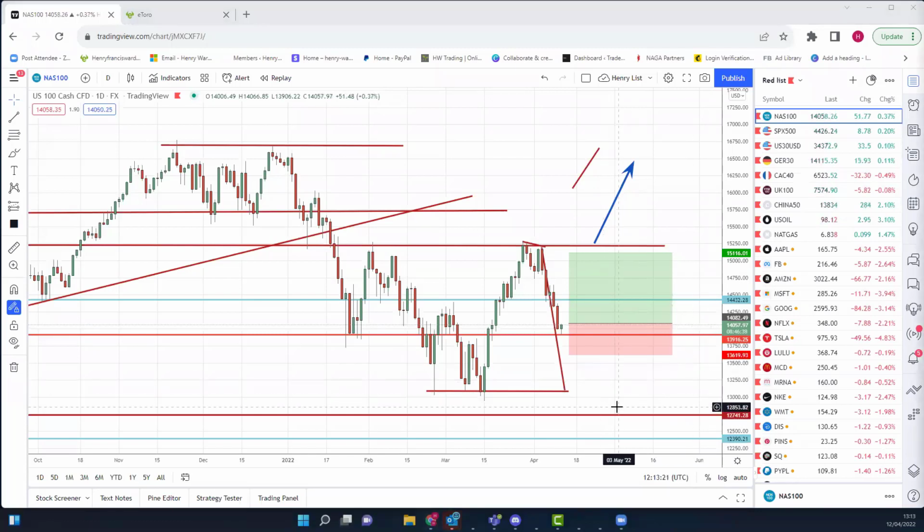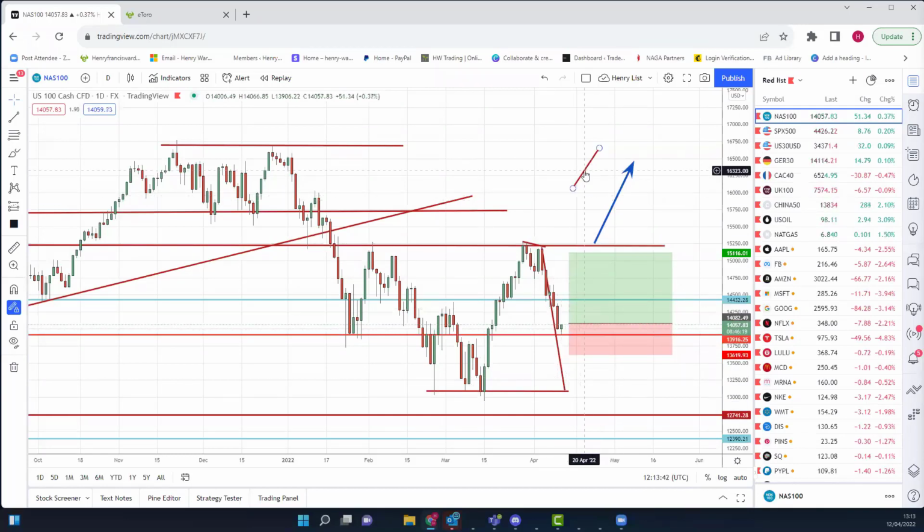So the question you have to ask yourself is, if you think it has a lower probability of bouncing here than here, you do not take this trade. If you expect it to come down here and bounce, you don't take this trade.